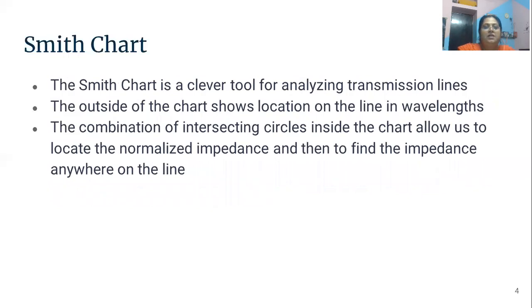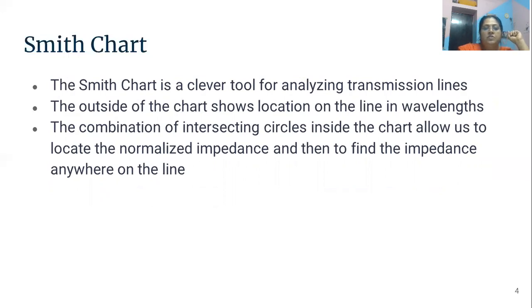The Smith chart is a clever tool for analyzing transmission lines. Its main application is in the analysis of the transmission line. The outside of the chart shows locations on the line in wavelengths, so the length of the transmission line is taken in terms of wavelengths.